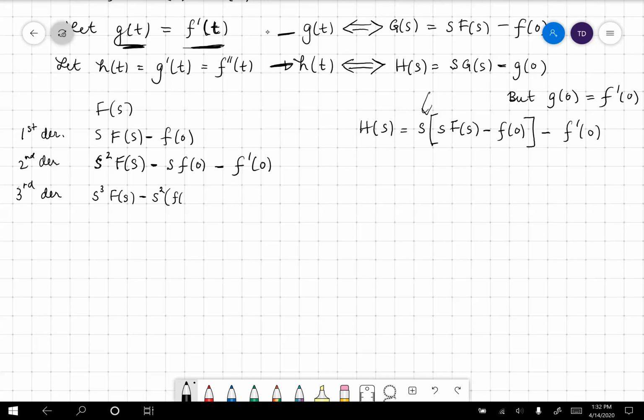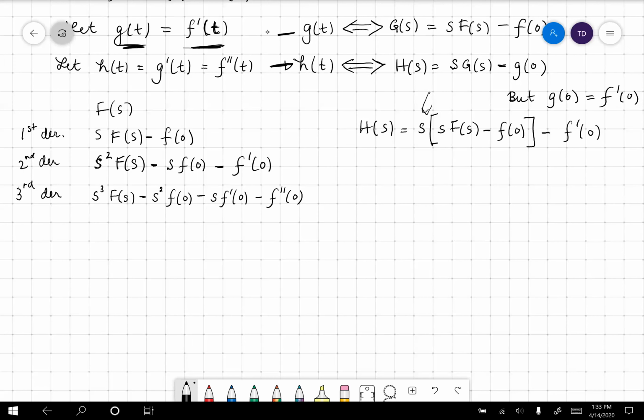That's not even, I don't even need those parentheses in there. Well, that was cool. I got a delayed reaction here. S squared f of 0 minus s f prime of 0 minus f double prime of 0.